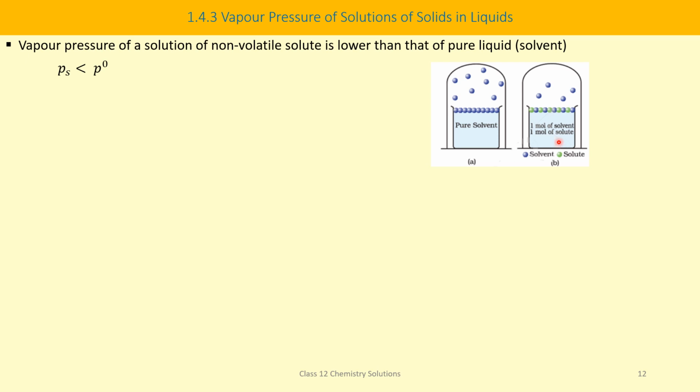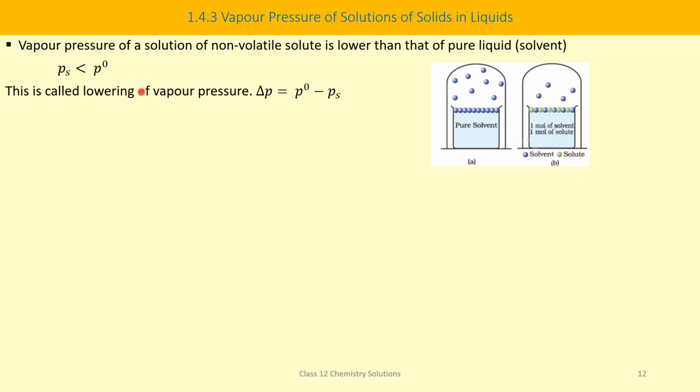Here it becomes cramped and it tries to limit the escape of molecules from here. Consequently, the number of solvent molecules escaping from the surface is correspondingly reduced. Thus, the vapor pressure is also reduced. Hence, Ps is less than P0. This is called lowering of vapor pressure.